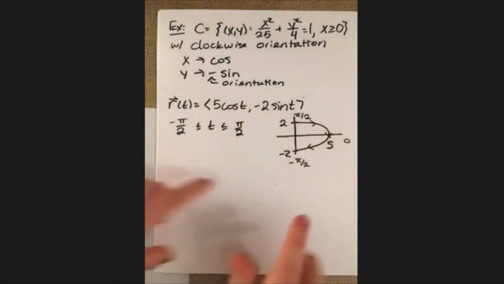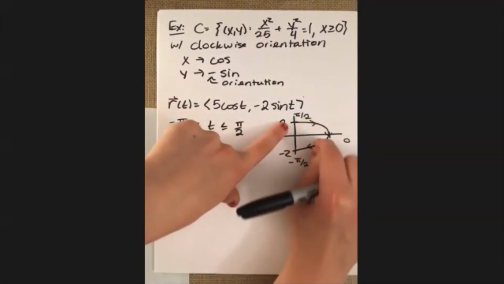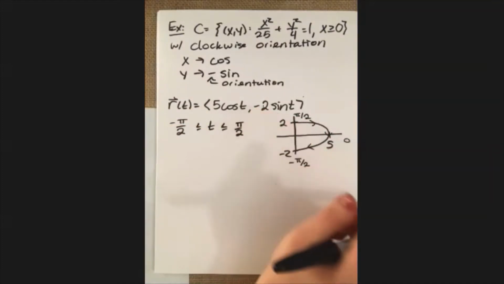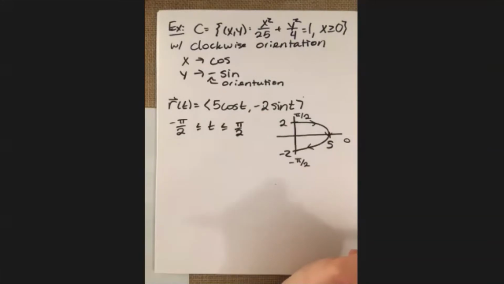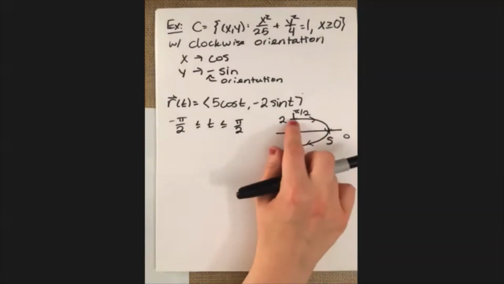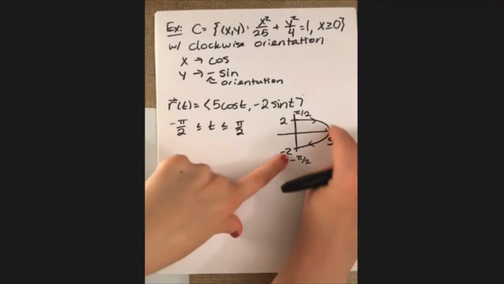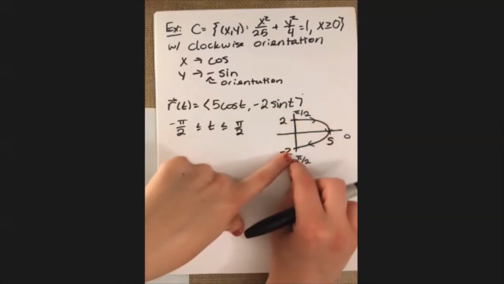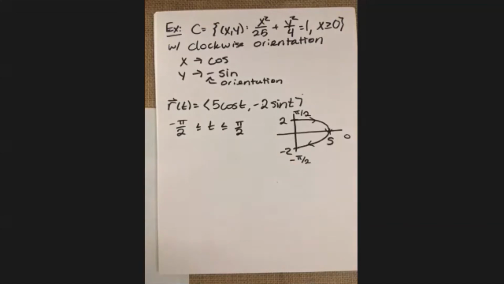No further action is needed to make sure that we move in this direction right here. Taking this negative right here will take care of that. So we just put from negative pi over 2 up to pi over 2, but then putting the negative here guarantees that what we ultimately wind up doing is tracing the curve backwards, okay? If you account for it twice, you'll wind up canceling out the effect that you have.